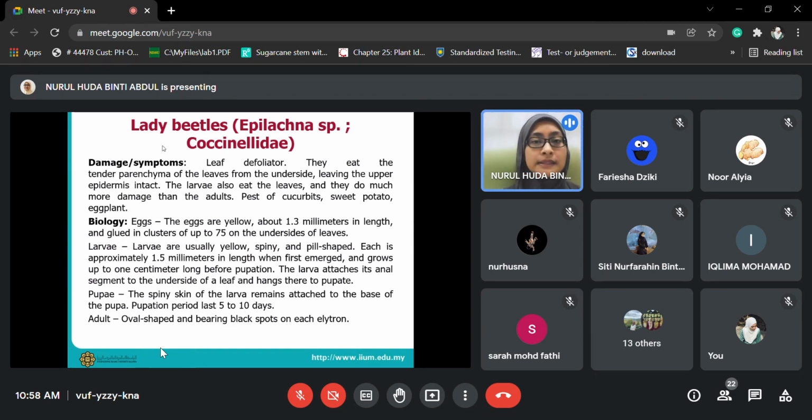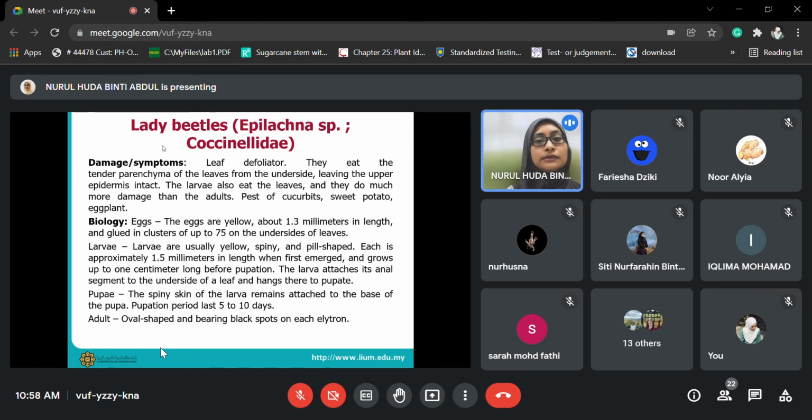And this is a defoliator for both larvae and adult. So the adult eats leaves and the larvae eat leaves. They eat the tender parenchyma of the leaf, usually from the underside, leaving the upper epidermis intact. So you may see the leaf looking transparent, because the upper epidermis is still intact, but the parenchyma on the underside has been eaten.